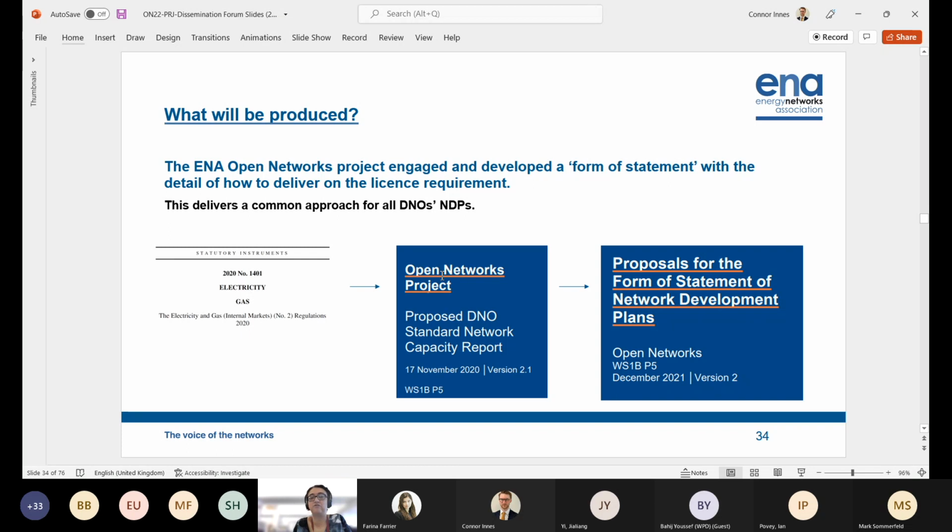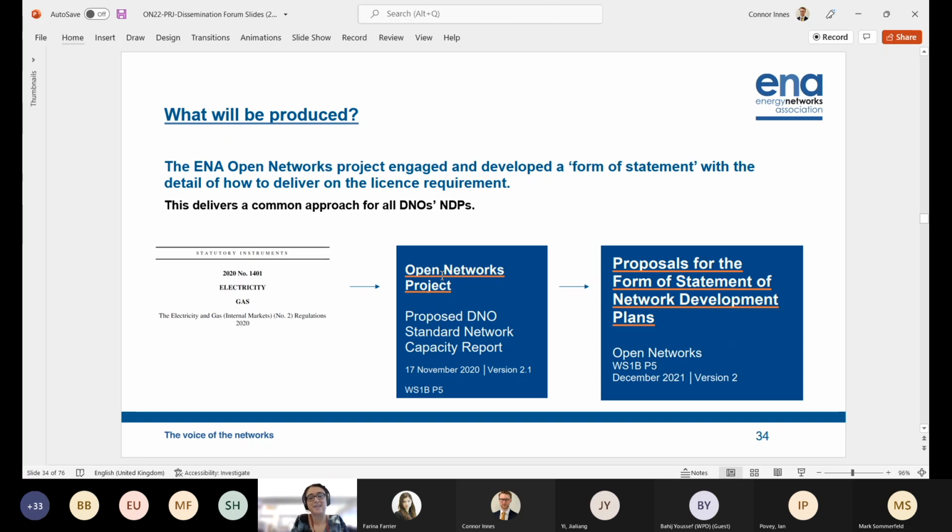And crucially, in response to stakeholder feedback, this means that we're delivering a common approach for every distribution network operator's network development plan. So it means that we went from the license condition, which is fairly high level in 2020. In November 2020, the DNOs then set out specifically a form of statement for those unused capacity or headroom reports or standardized network capacity reports.